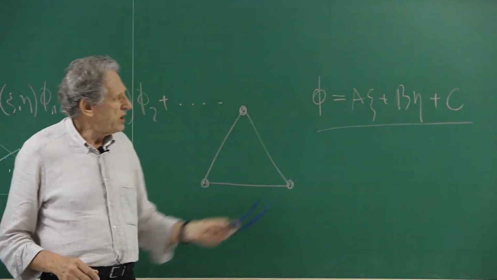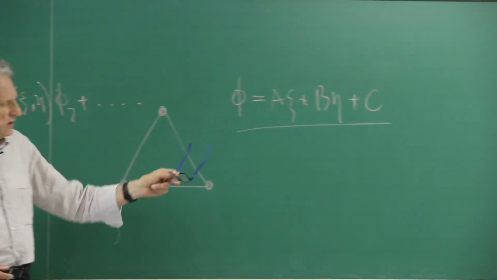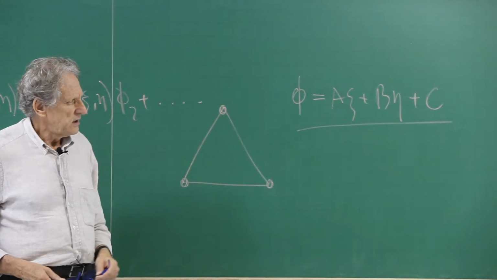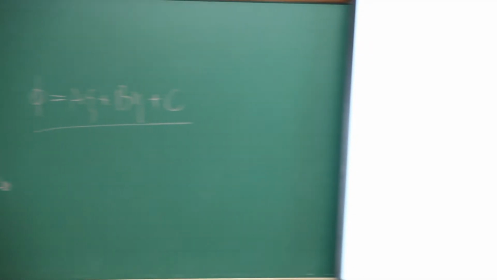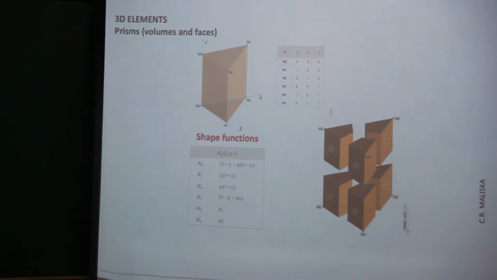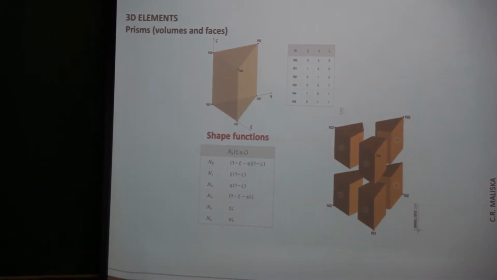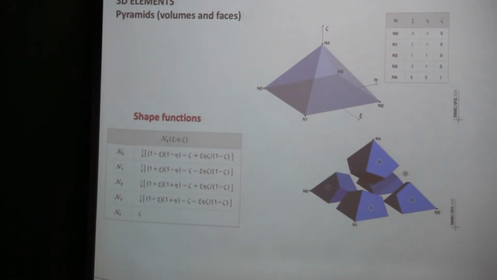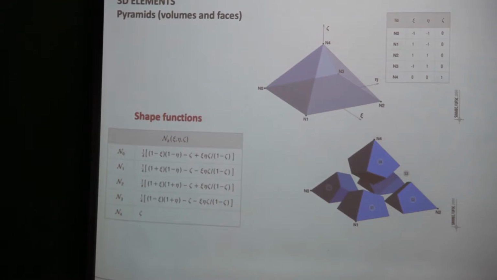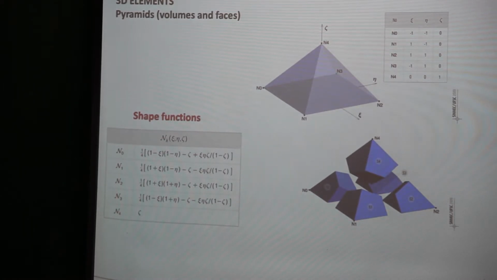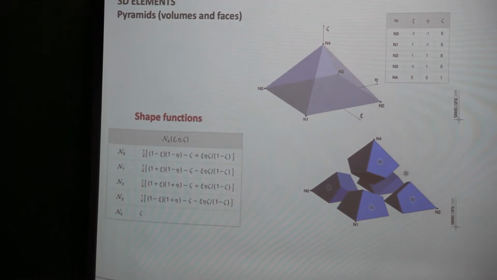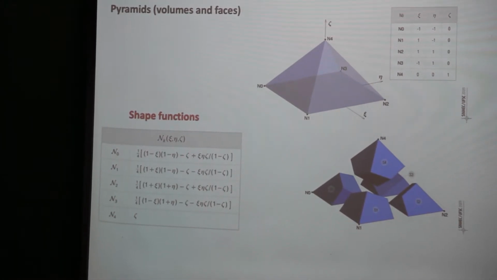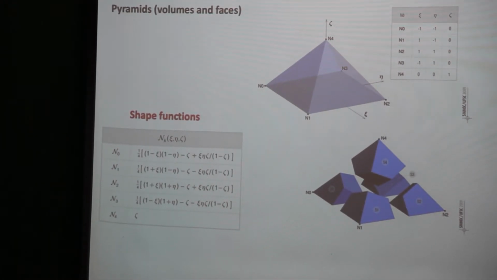So prism. This is then 6 sub-elements. And then it's easy also to construct the pyramids. A pyramid has 5 nodes, 4 in the base of the pyramid and 1 at the top.